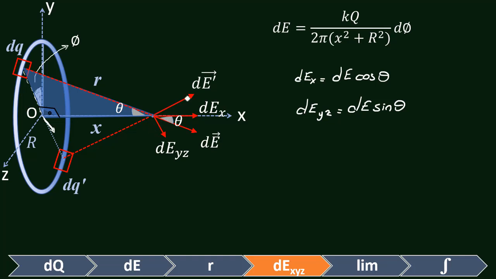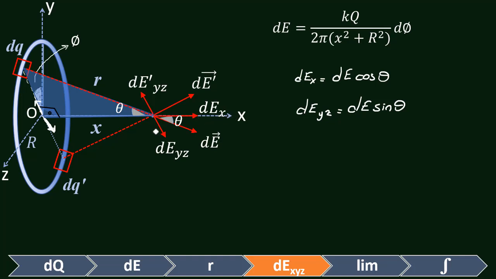All right, so this dE prime will have a reflection on the yz plane, a yz component, dE prime yz, and this dE prime yz will be pointing towards this direction along this line, and this was dEyz. Okay, direction of dEyz. This is the direction of dE prime yz. They will have the same x component along this x-axis towards positive x direction.